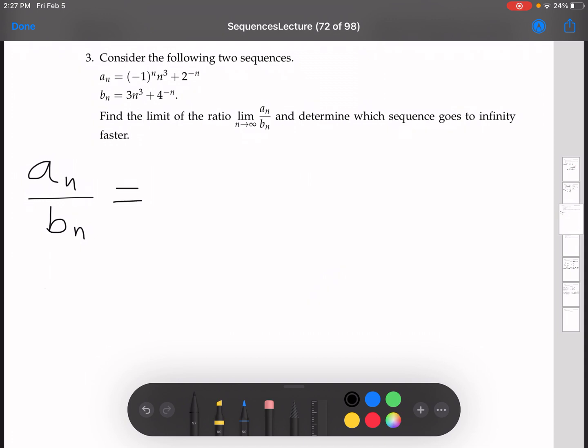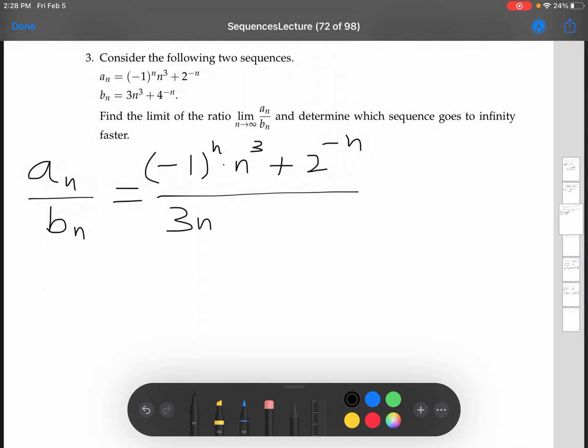Let's see, a_n is negative 1 to the n times n cubed plus 2 to the negative n, all over 3n cubed plus 4 to the negative n.